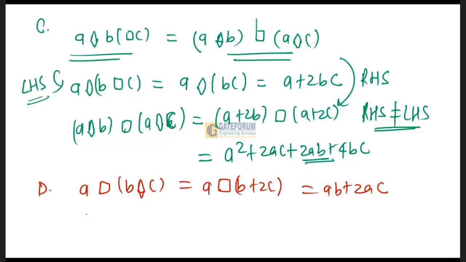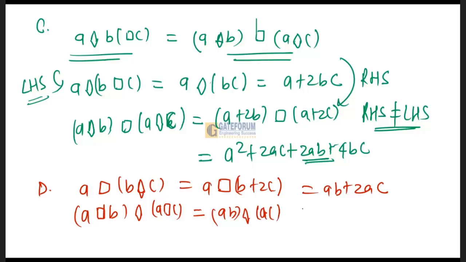And if you do the second part, that is A rectangle B diamond A rectangle C, equal to AB, because this is multiplying, diamond AC.